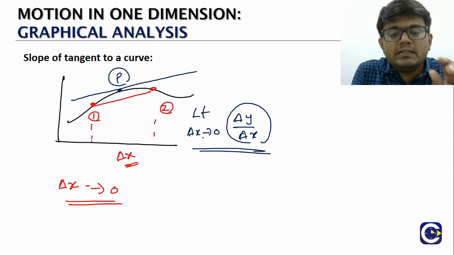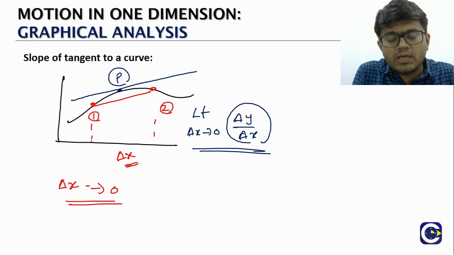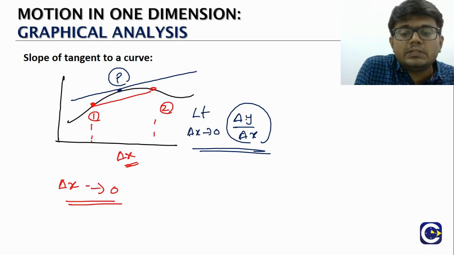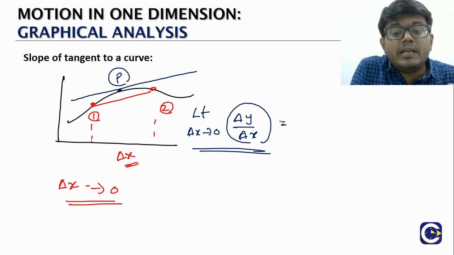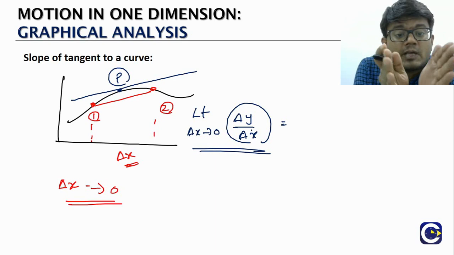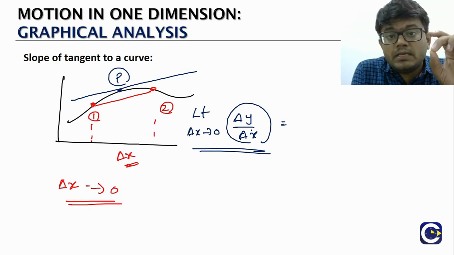Limit delta x approaching 0, or tending to 0. All these things we will have to look at in the basic math. So limit delta x tending to 0, this delta y by delta x we will be representing. Here when delta x is becoming almost close to 0, delta y also will almost be becoming 0.